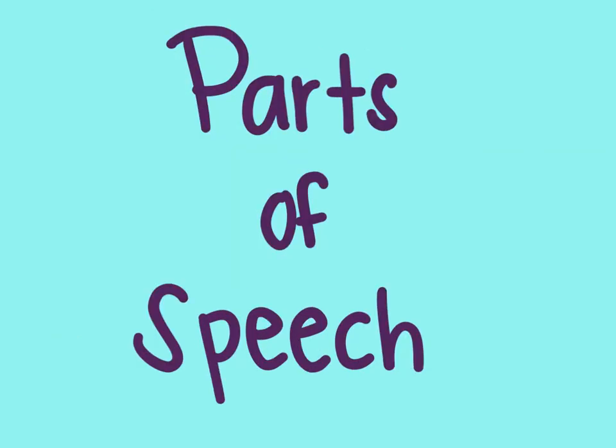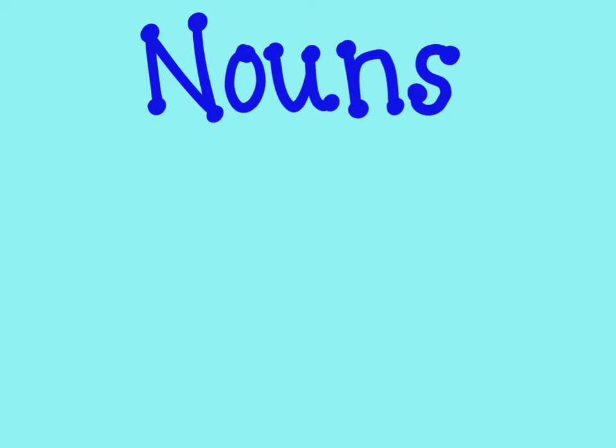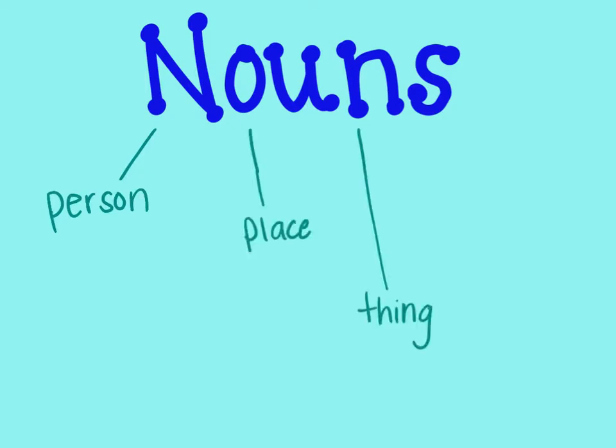All right, today we are going to be reviewing parts of speech. Parts of speech are the different types of words that we use in sentences when we speak and when we write. For example, nouns. Nouns, as a reminder, are a person, place, thing, or animal.